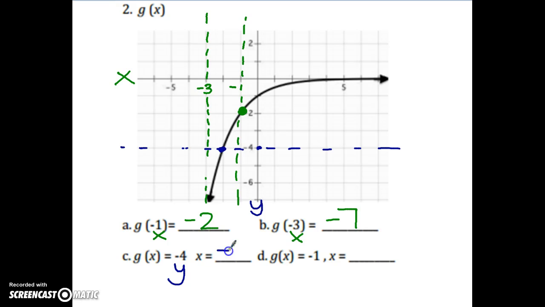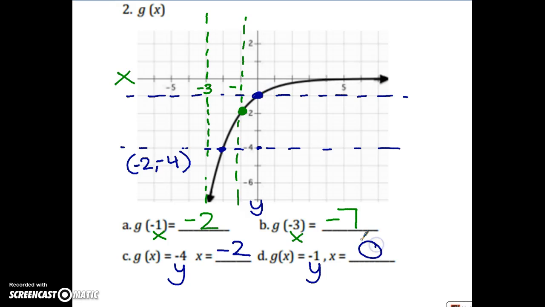So I'm going to say that's negative 2 for the input, because if I go to negative 2 comma negative 4, that's the point I'm naming. Same thing here, this is y, that's the output. So if I go to negative 1, I don't have to go to the left or the right. I'm already on the graph. So in this one, I'm at 0, 0, negative 1.